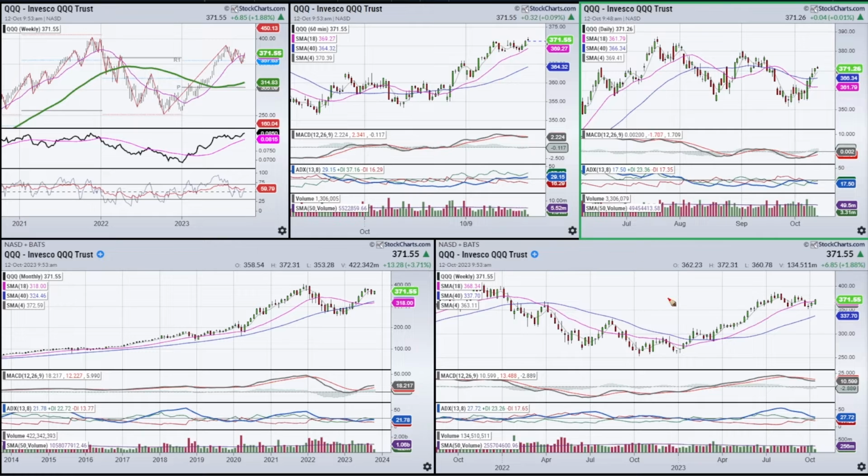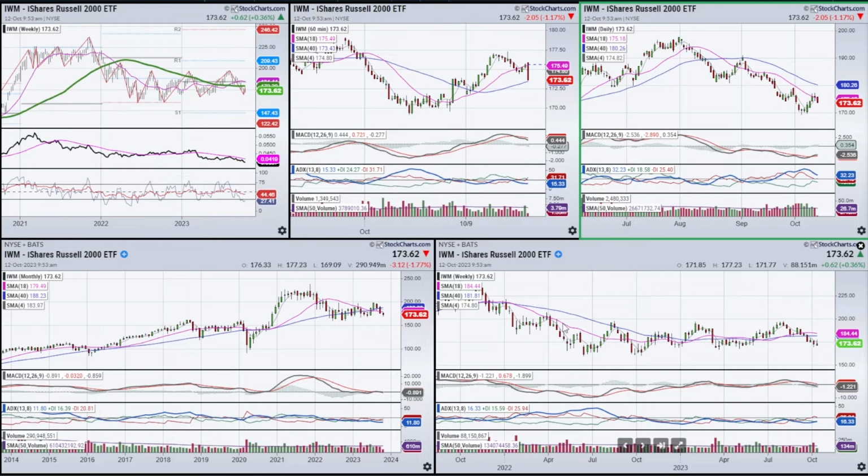So these things are happening all the time, and it doesn't look like anything's really taking place. We're really just trading in a range here right now, probably between like 355 up to 380 potentially, something like that, 375. And I don't even know if we'll make it to 375 before pulling back.